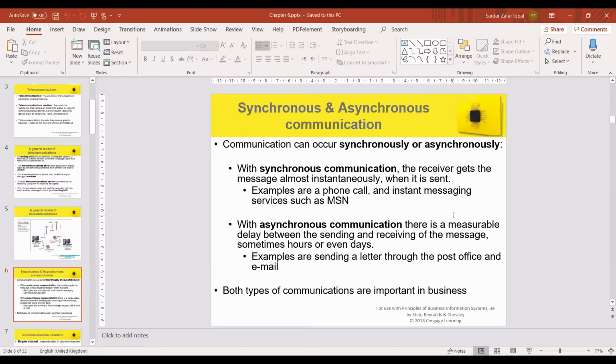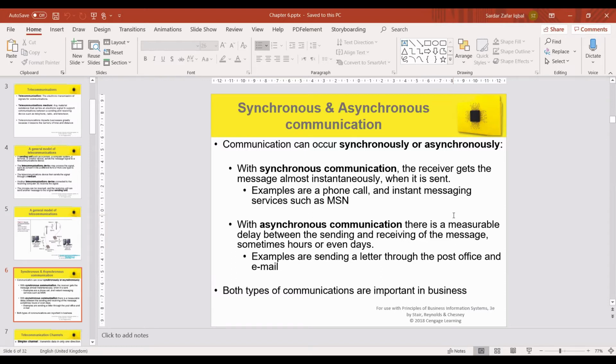So within no time you can get it. Examples are a phone call. You just dial from your phone and the call gets connected. Instant messaging services too. You can send it very quickly because the connection and the destination are specified clearly. Their path is clear, so there is no problem in that.